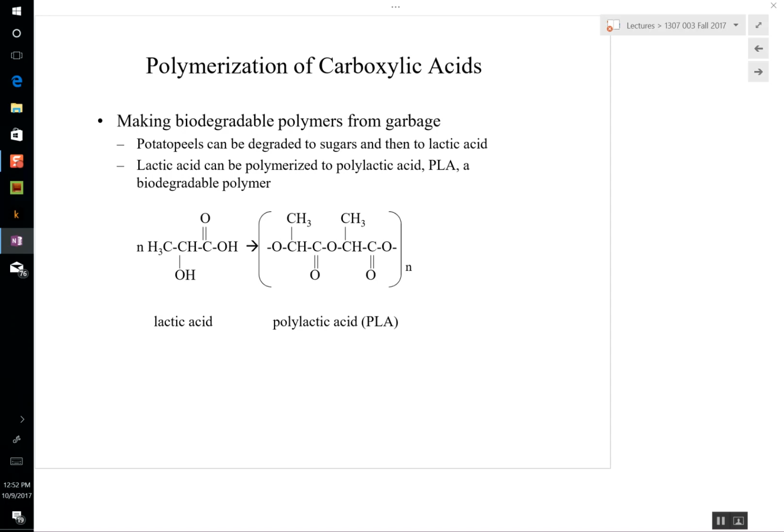Bacteria produce lactic acid from lots of different organic sources. But here you can make polylactic acid. Why would you want to do that? Well, it's a biodegradable plastic, because it is a polymer that is being made from a naturally occurring metabolizable compound.